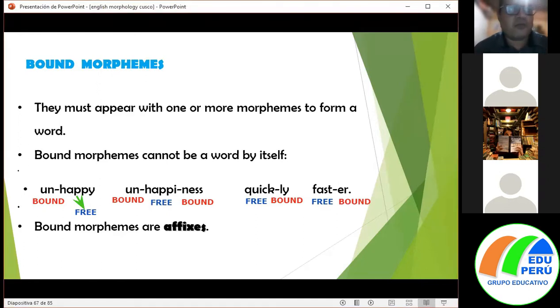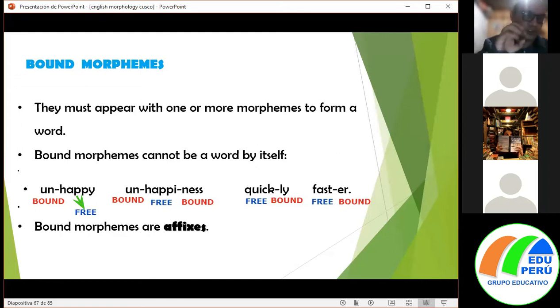Generally, bound morphemes are affixes. So which are the affixes? Prefixes and suffixes. So the bound morphemes are usually affixes. I say usually, not always, because there are some bound morphemes that are not affixes.